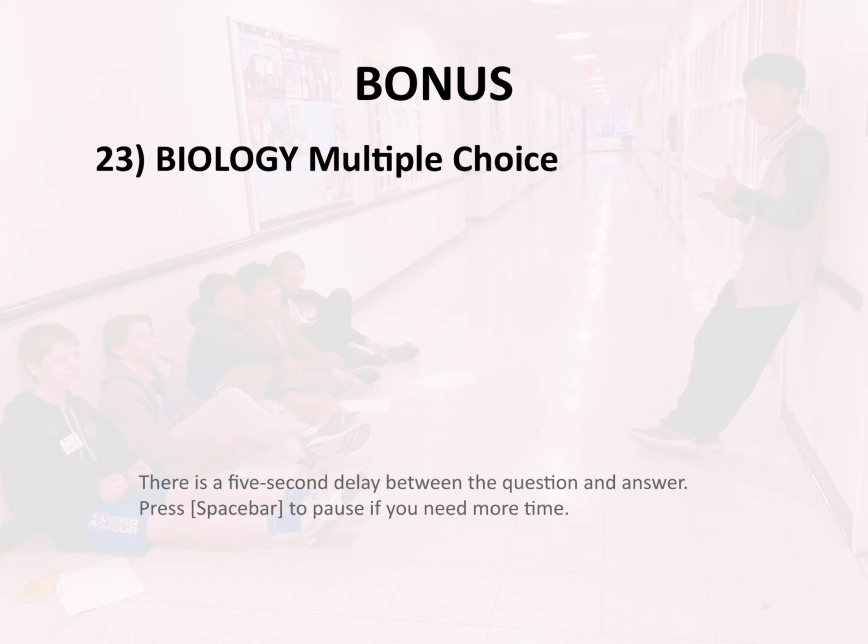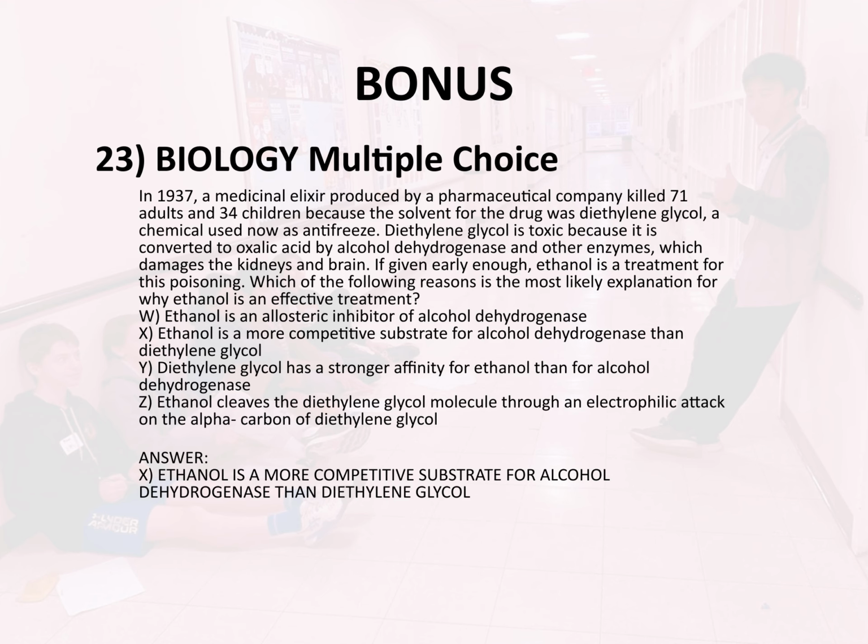Z. Ethanol cleaves the diethylene glycol molecule through an electrophilic attack on the alpha carbon of diethylene glycol. Answer. X. Ethanol is a more competitive substrate for alcohol dehydrogenase than diethylene glycol.